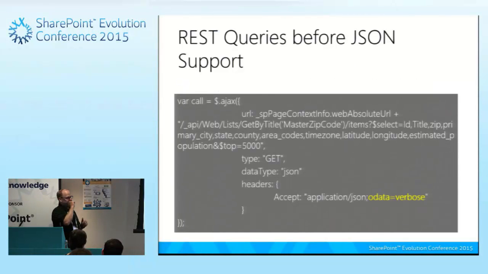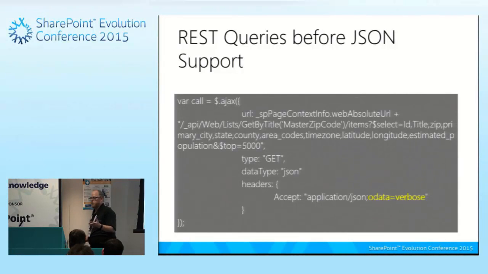So let's talk a little bit about REST. Recently, they came out with support for something called JSON-Lite for REST. Is anybody familiar with JSON-Lite? So before we had JSON-Lite, and you were going to make a call using jQuery to your REST, you would have to include in your header OData equals verbose.